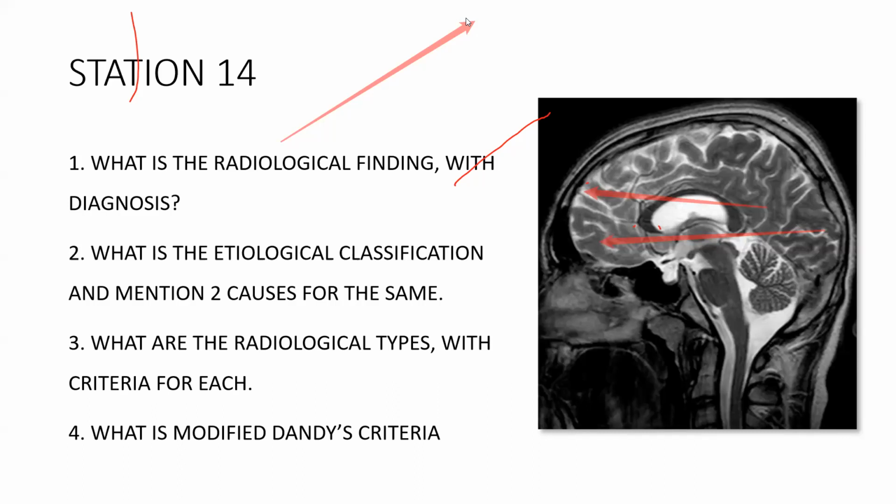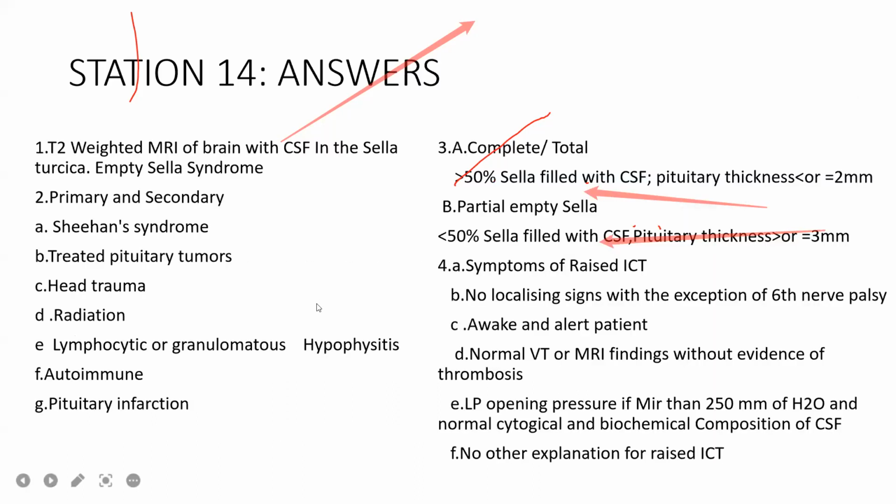So it is a T2-weighted MRI showing CSF filling the sella turcica with decrease in size of the compressed pituitary gland. So your diagnosis is empty sella syndrome.